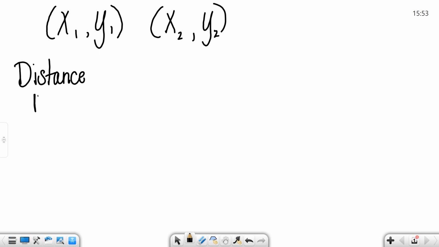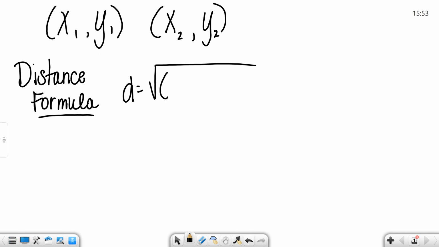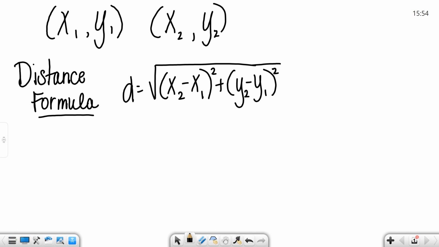Let's first talk about the distance formula. Chances are you've seen this before, the distance formula. Now here's what I need you to pay attention to when you're doing this.